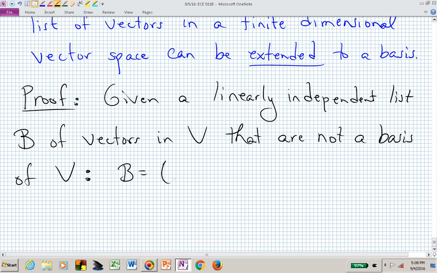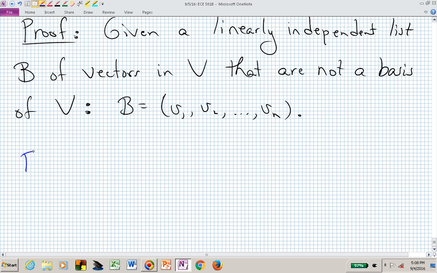Here's our set v1 through v sub n. In this case, from our definition of a basis, we know we're missing the other part, or piece. From the definition of basis, if B is linearly independent in terms of a list, then it must not be satisfying the property of spanning the vector space.